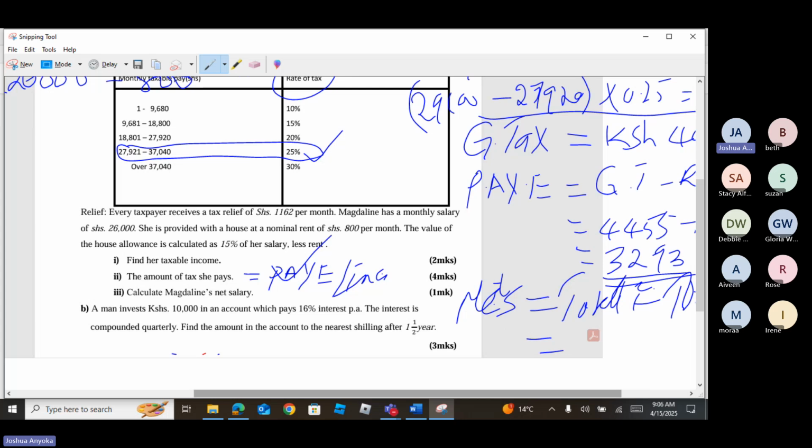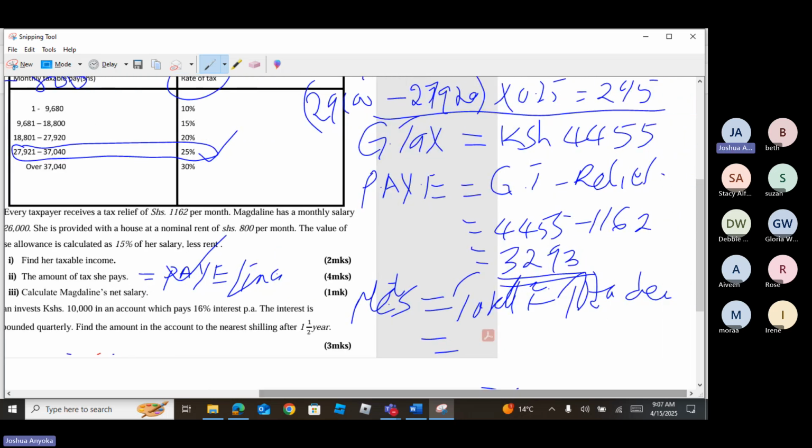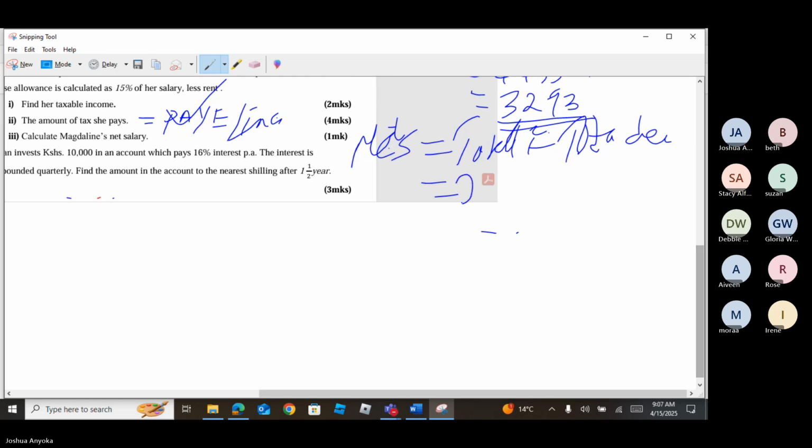Magdalene has a monthly salary of 26,000. There is no allowance. So the only amount this person is earning is 26,000. Don't equate taxable income to gross earnings. I'm advocating we get back and recalculate gross earnings.